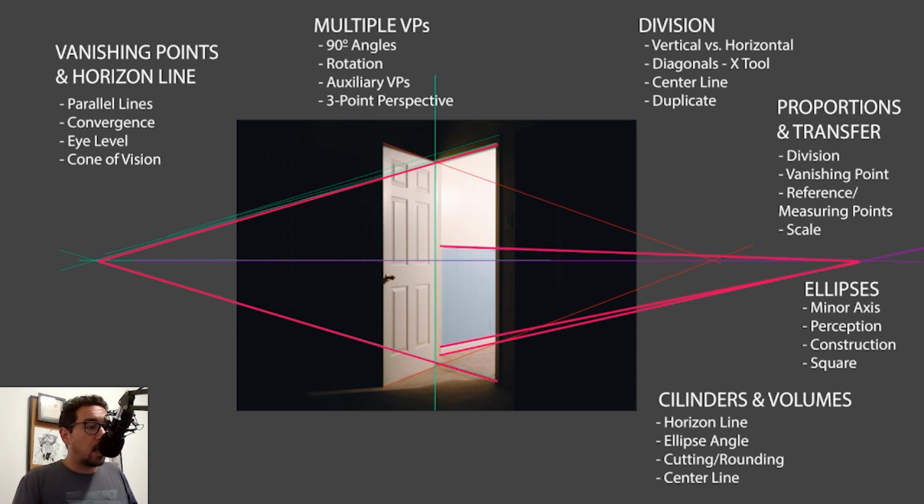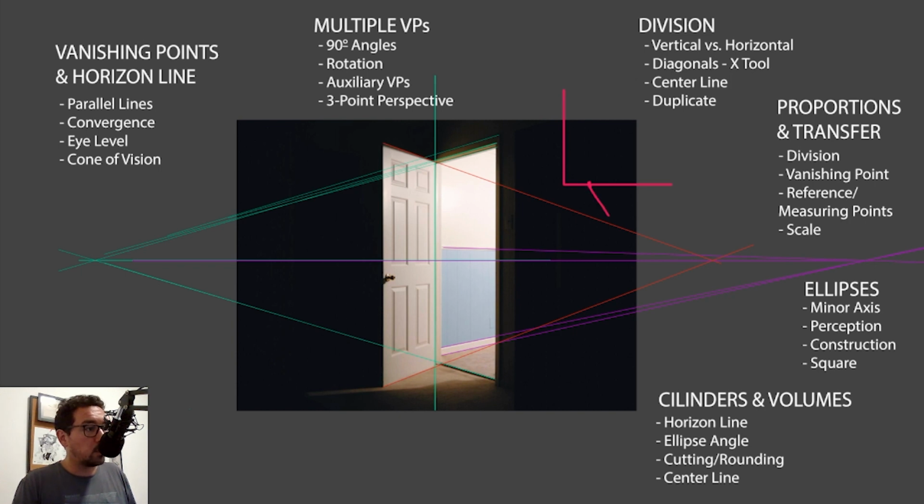I'm assuming from what I'm seeing in this perspective that this door frame is perpendicular to the wall back there. So from a top view, we would have the door frame here and the wall back there, and then the door coming out this way. So we're seeing this wall from this side.